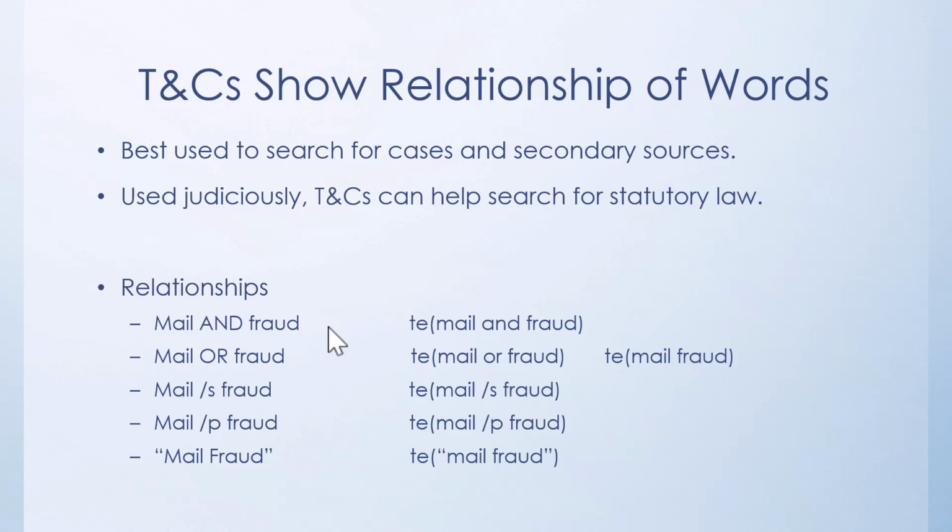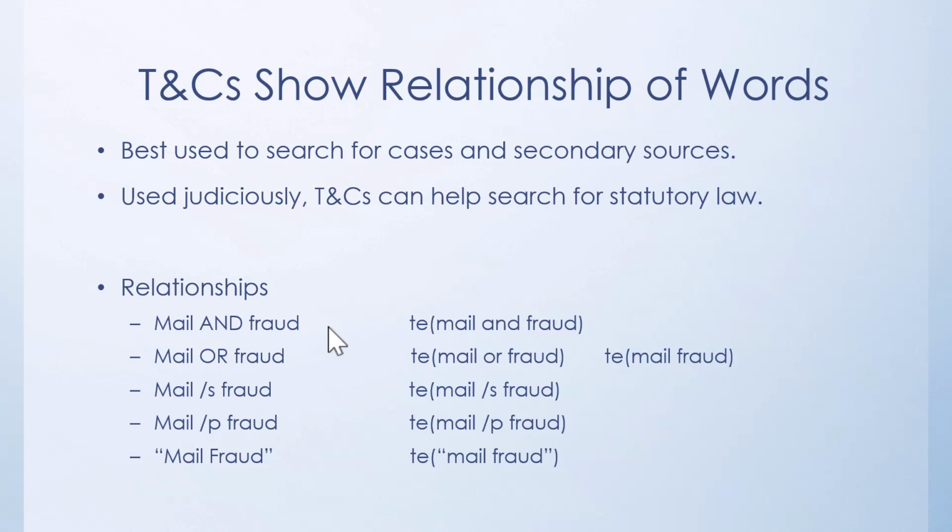Now, over on the right, you can see where I've combined them with the field restrictor for the text. So if I type TE, parentheses, mail and fraud, close parentheses, I'm going to find just those documents that in the text of the statute have both the word mail and the word fraud in them, and so forth down the list.